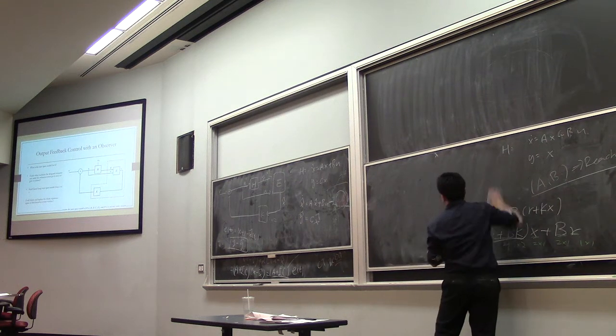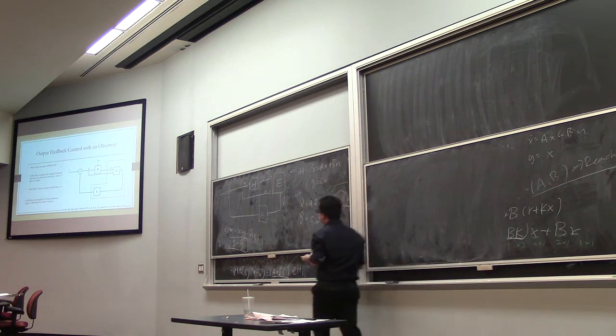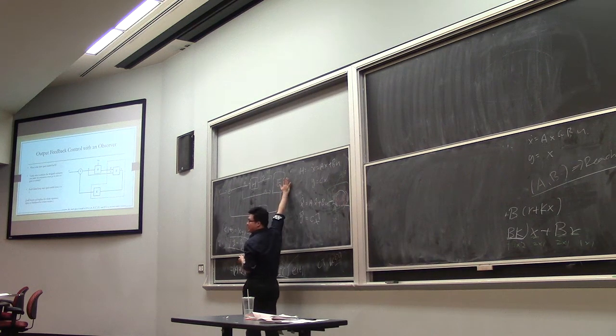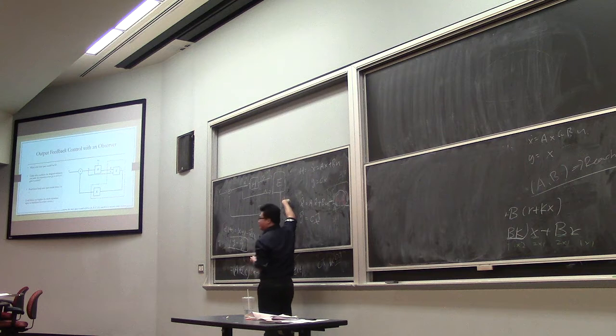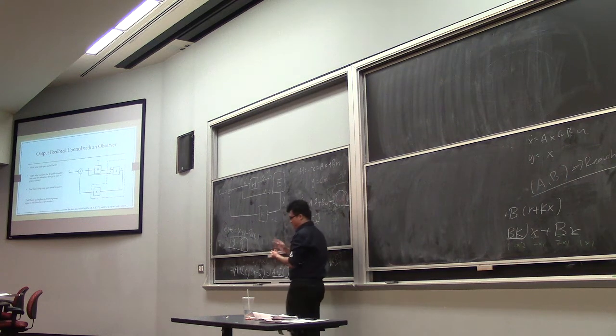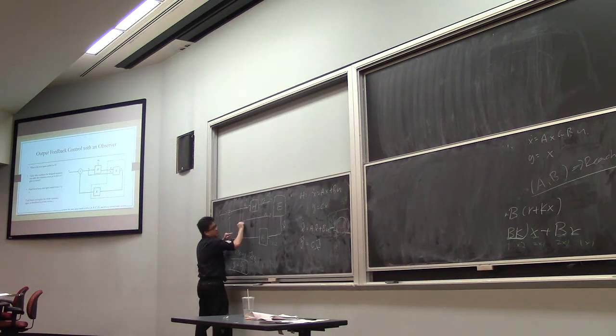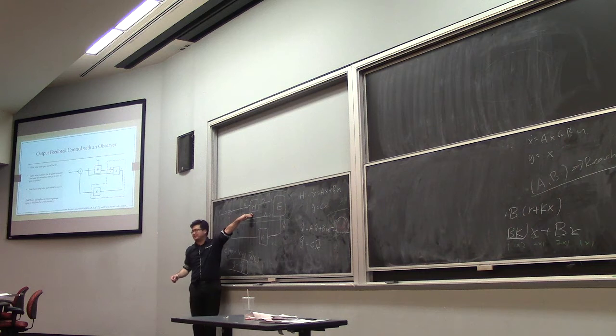Okay, so let's go to the second story. Assume we already built the estimator correctly, so the x hat right now is perfectly fine. The whole thing here is just my system.